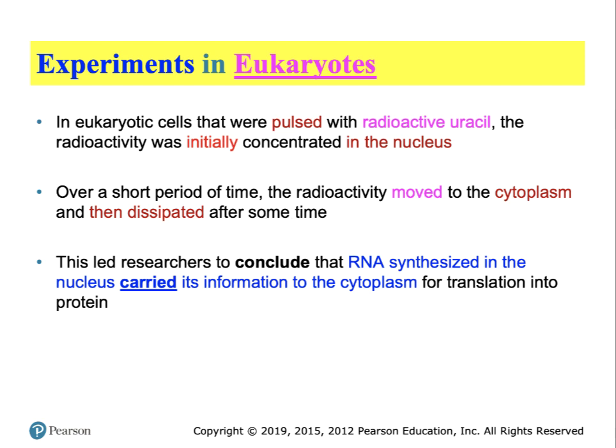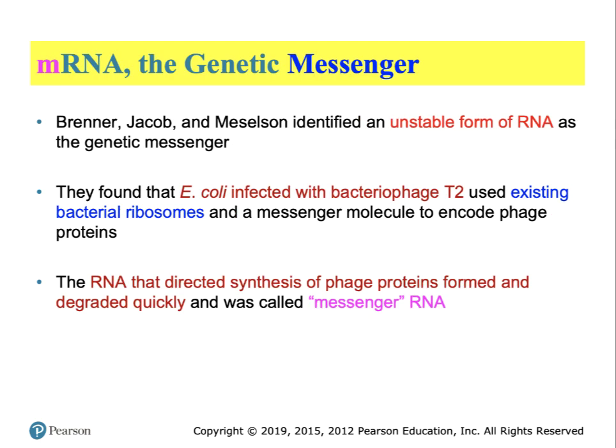The conclusions, which are not surprising to us today, were that RNA synthesis began in the nucleus and then migrated into the cytosol, where the ribosomes are located. Both these sets of experiments relied on some kind of molecule conveying information from DNA, where it's stored, to the ribosomes, where proteins are made. So naturally, scientists labeled this molecule messenger RNA.